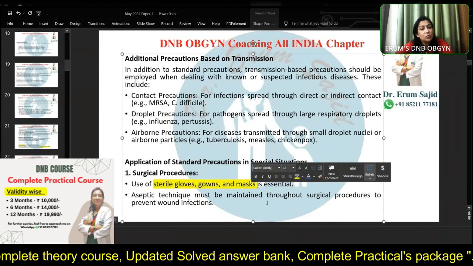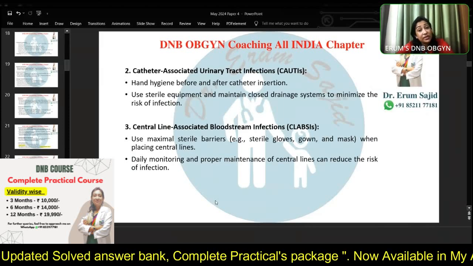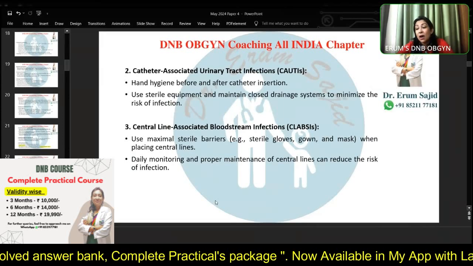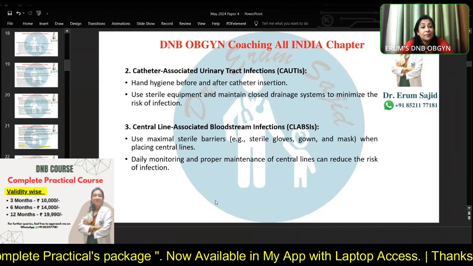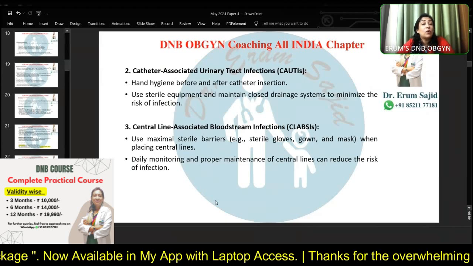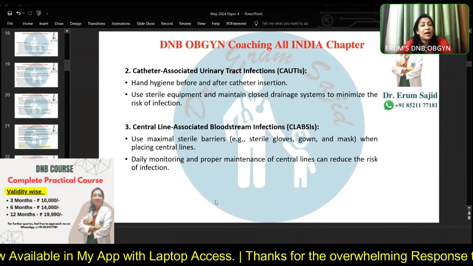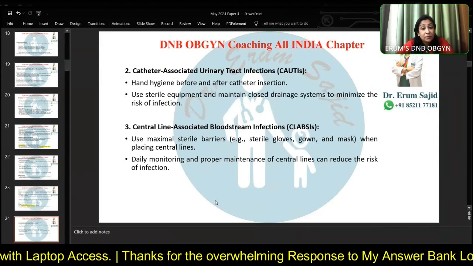Every time, even in the smaller setups, even with not much resource setting, they use at least a standard gown, standard mask, standard head mask, the head caps. Then you have catheter-associated urinary tract infection. So you have to have a lot of hand hygiene, absolute asepsis, sterile equipment, and the same for central line associated bloodstream infection.